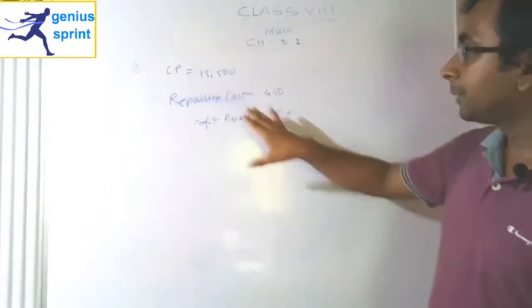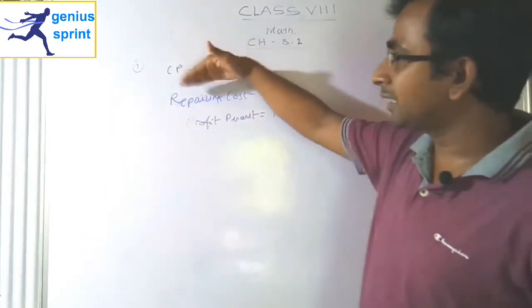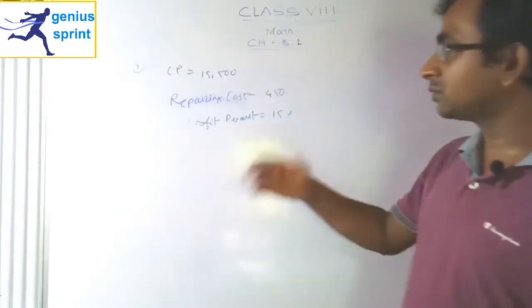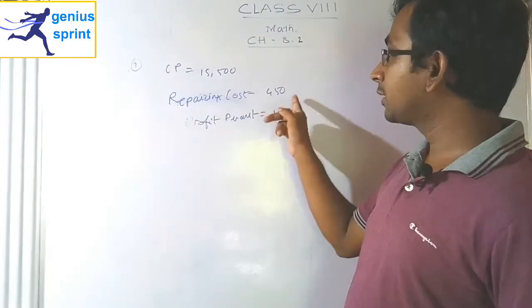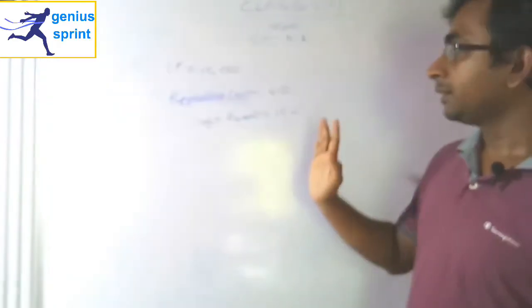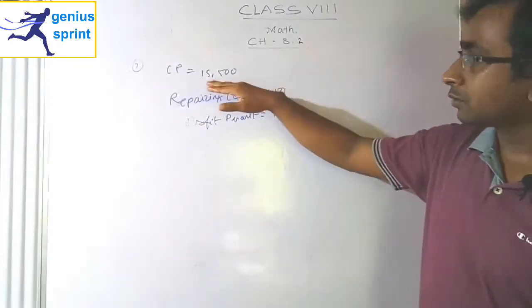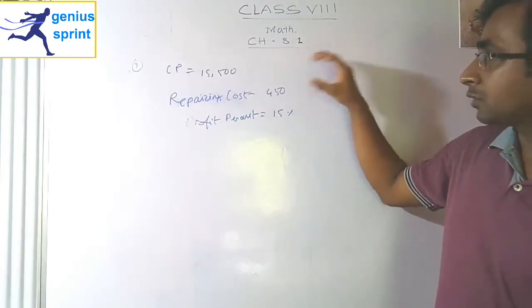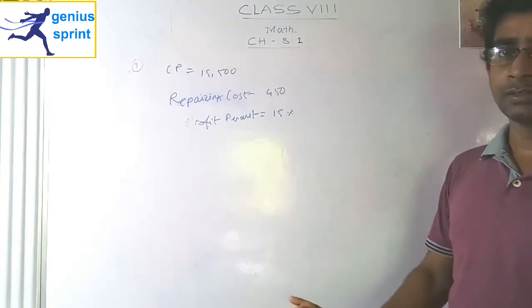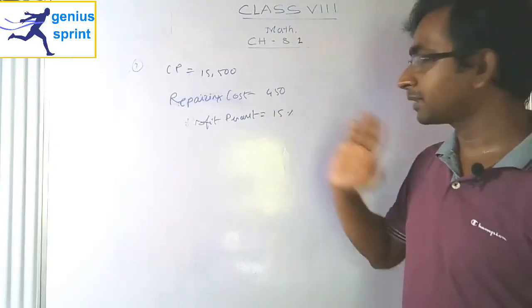Repairing cost means, suppose the article he purchased is not in okay condition, so he has to repair it for rupees 450. See, here this repairing cost and the cost price of the article should be added, because these are his total expenditure, and then he will calculate the percentage.